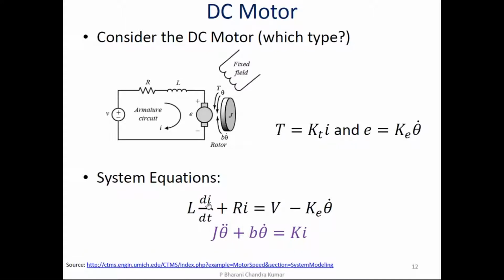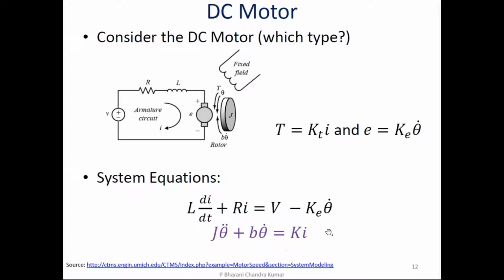That's why it is an electromechanical system, where J theta double dot, theta is the displacement, theta dot is the speed, theta double dot is the acceleration, plus b theta dot equals K i. So these are the two standard system equations. From these two standard equations, how to obtain the transfer functions and the state space is of our interest.